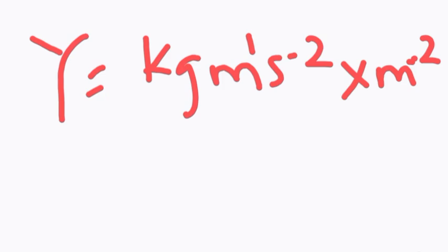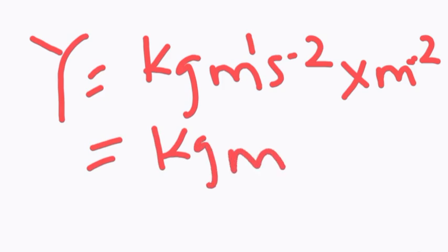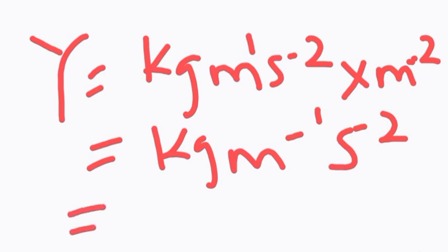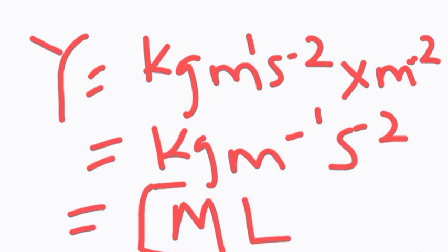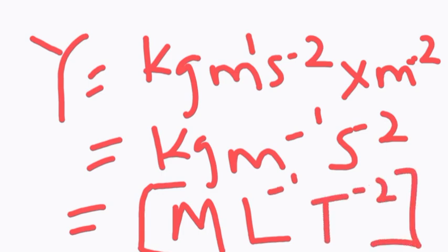That will give us kg meter raised to power minus 1, and then this is the seconds. So let's get the dimensional finally. For your modulus, kg gives the mass, meters gives the length, and then time. So this is the dimension for Young modulus.